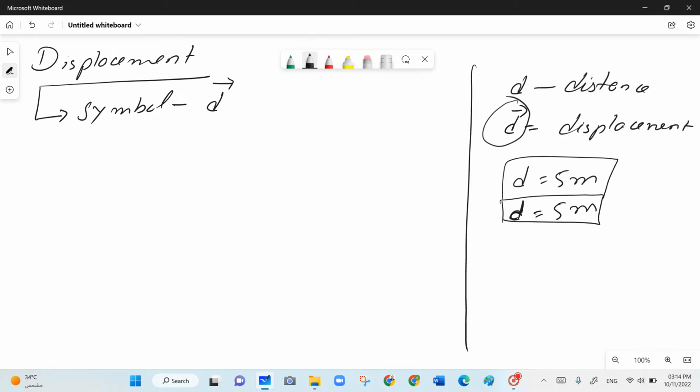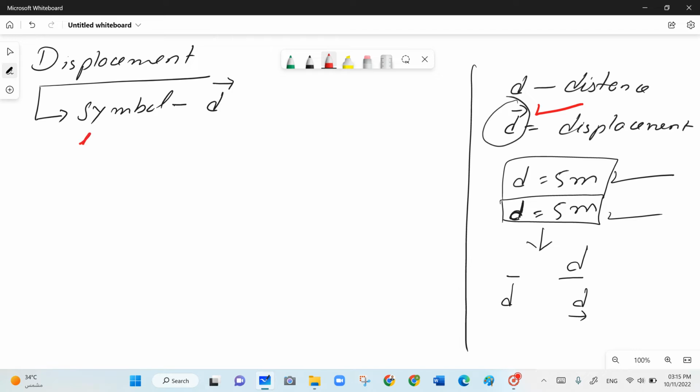This is distance, with the normal font, and this is displacement, with the prominent or bold face d. You can also put a line above the d with the arrowhead below it. But as I said, the most favorite way to use the symbol is d with the arrow tip line over it. That is the displacement symbol.